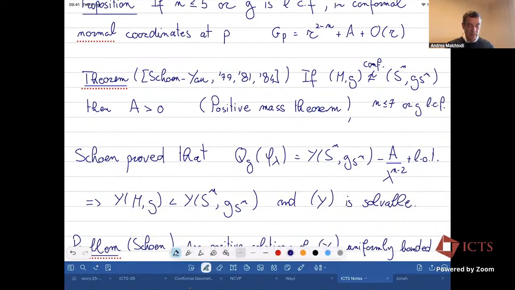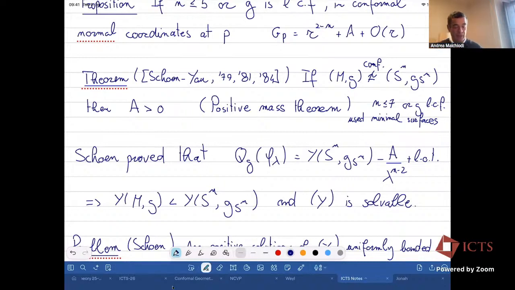Because for this proof they use minimal surfaces. So basically, the argument goes by contradiction. If the mass is negative, you can construct some stable minimal surface, but then you can use the second variation of the area and the positivity of the scalar curvature to show that these minimal surfaces are unstable.